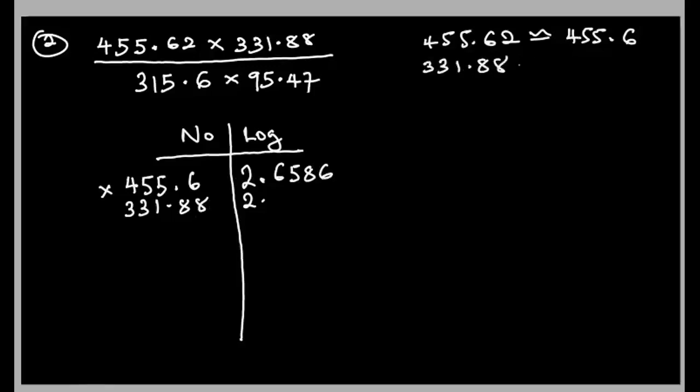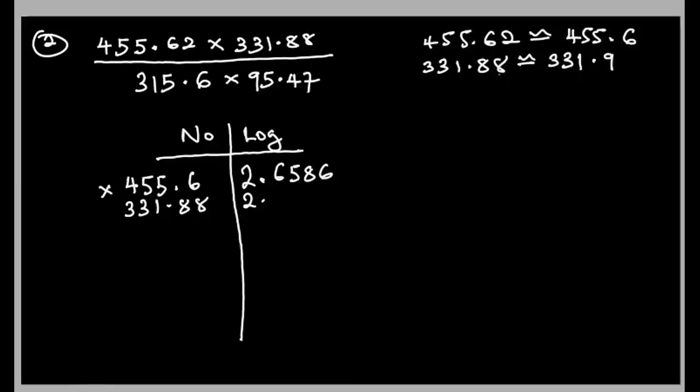So 331.88 is approximated to 1 decimal place. It becomes 331 point, and the number left out is 8, and it's up to 5. So if I take 1 and add to the other 8 beside it, it becomes 9.